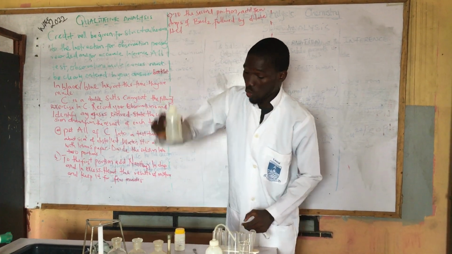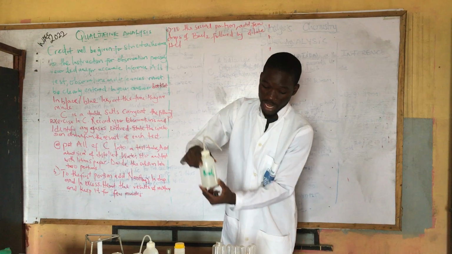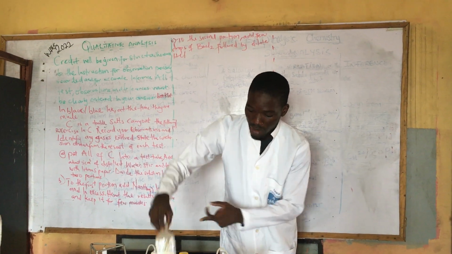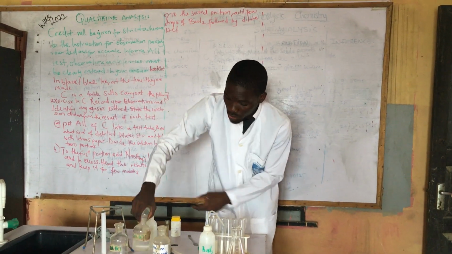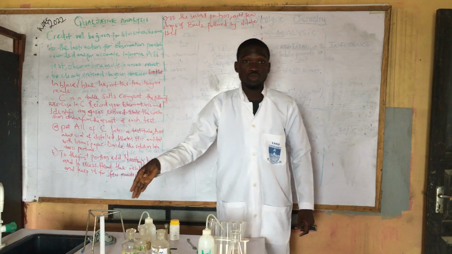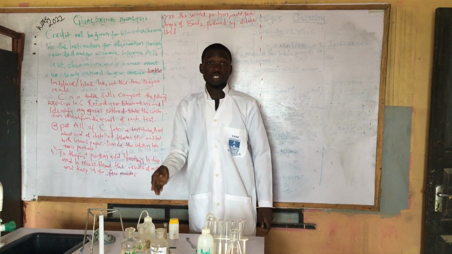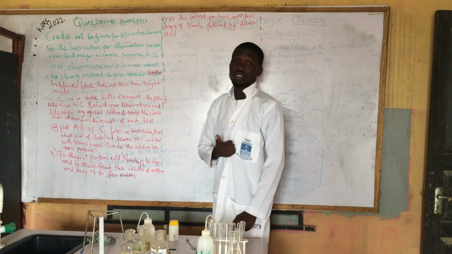We have the wash bottle, the barium chloride, sodium hydroxide, and dilute HCl. I'll be using this to improvise as my Bunsen burner, because the instruction says we are to heat.